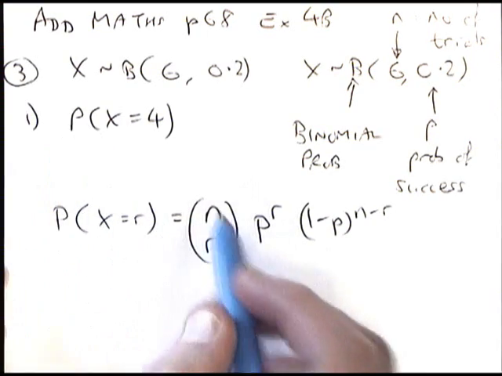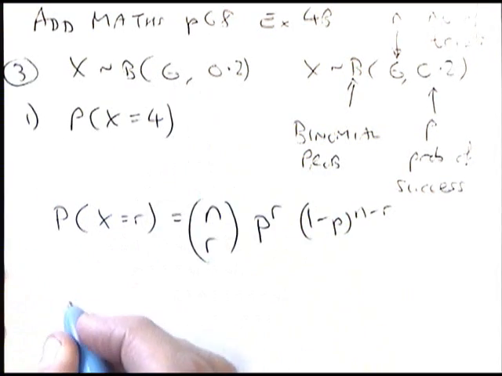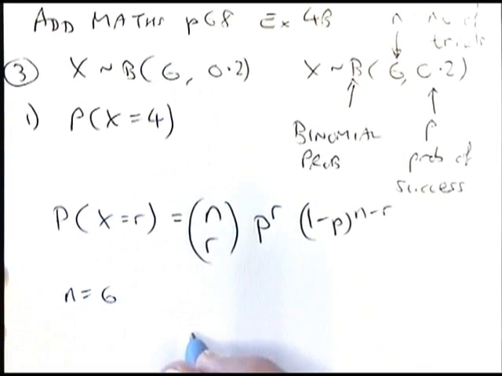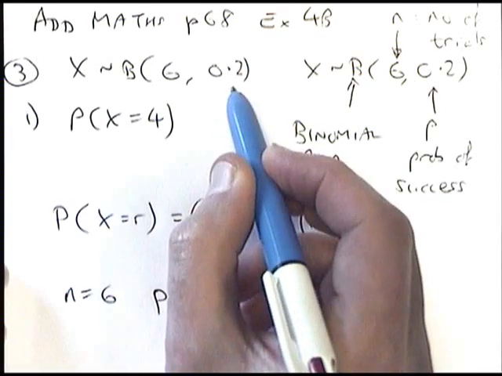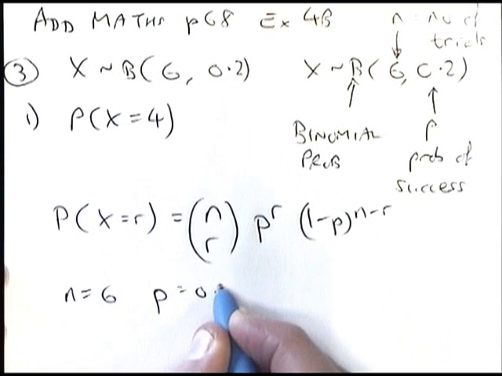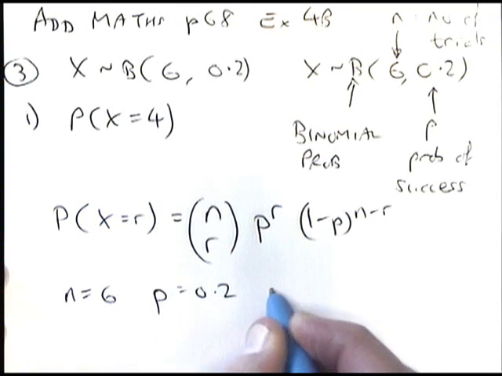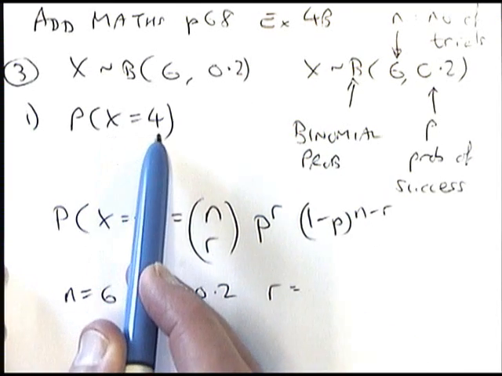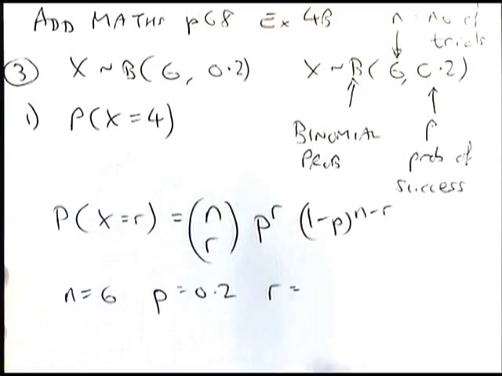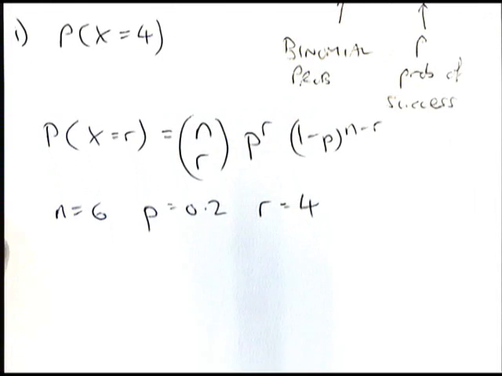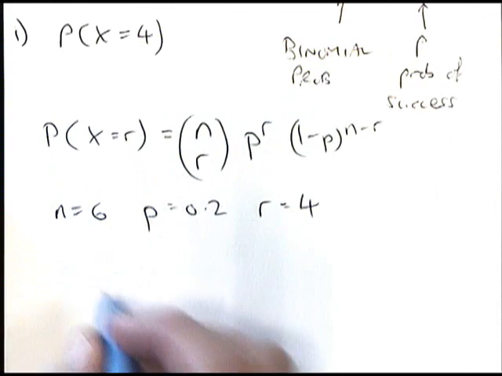So in part 1, n is the first number in the bracket. n is 6. p is the second number in the bracket. p is 0.2. And r, well, that's what we're asked here. It's this number here, so that's going to be 4. Using that information, we now just stick these numbers in that formula.